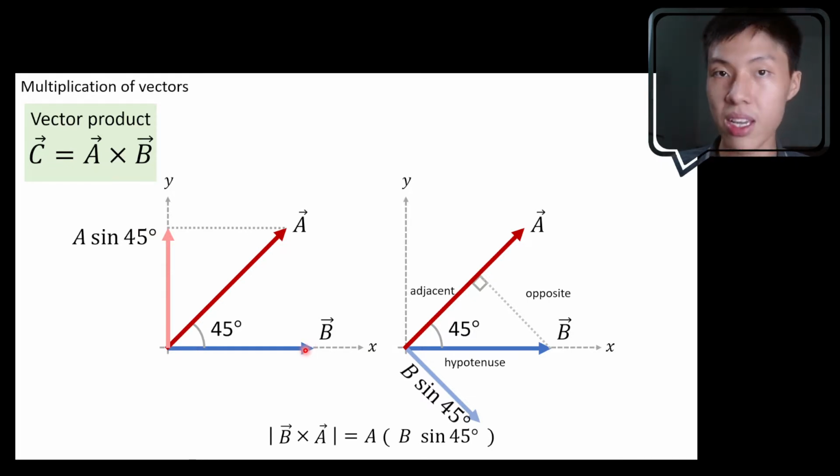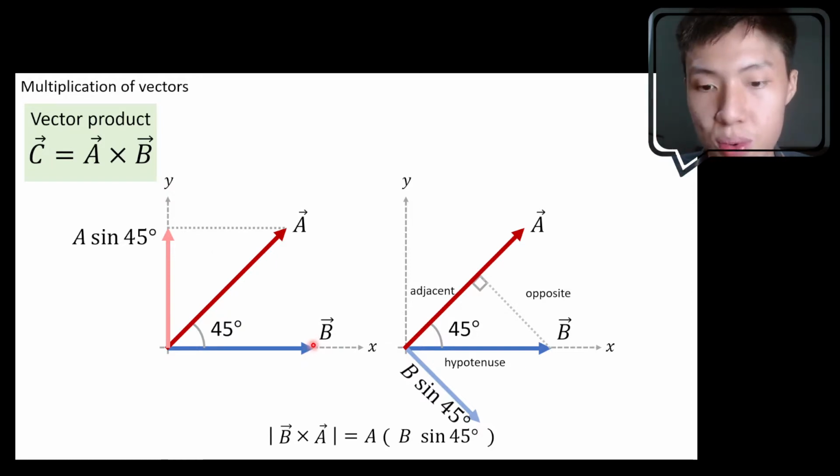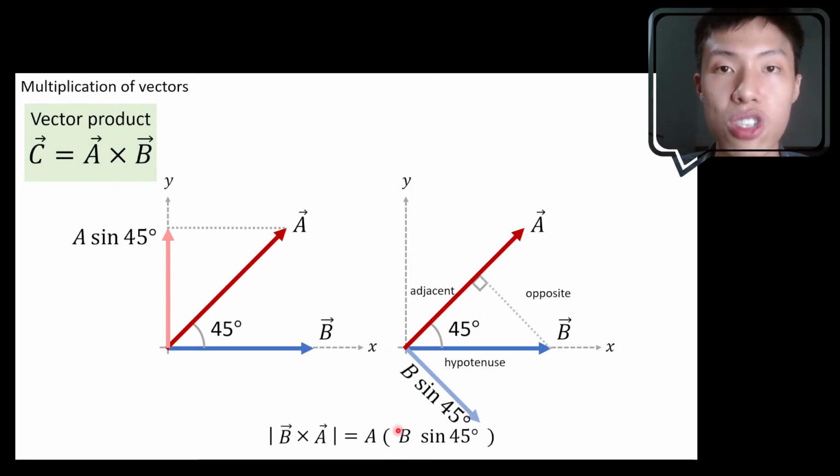But does that mean that it follows the commutative rule? No, because this is a vector product, and for a vector product, we don't just care about the magnitude. We have to care about the direction as well. So what I did just now by flipping the direction here is not exactly the commutative rule.